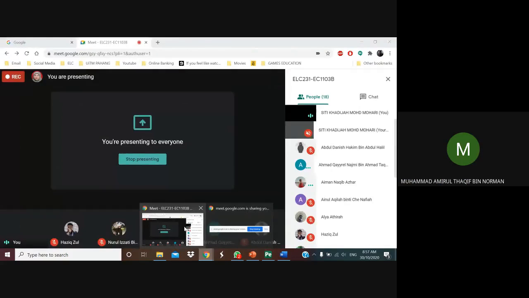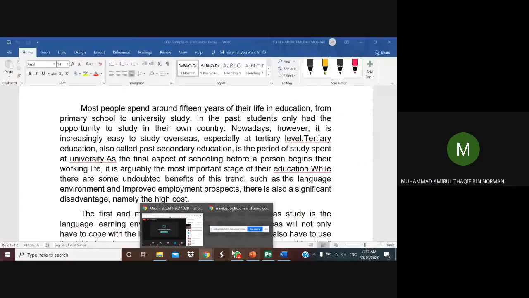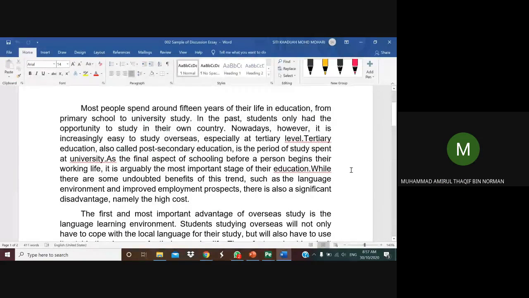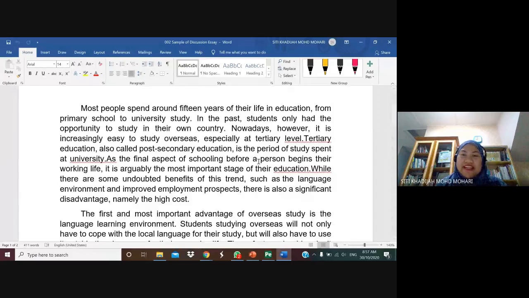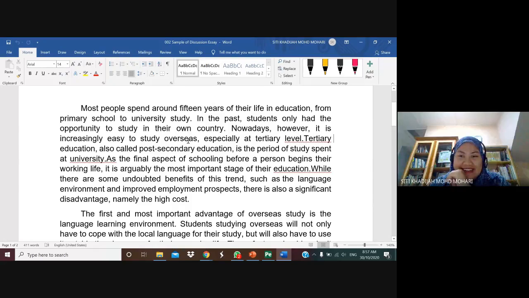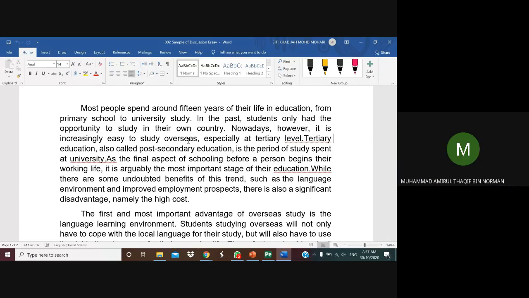Anyone would like to try? Madam, yes. Okay. Who are you? Amirul. Amirul, yes. What do we find here in the introductory paragraph? Thesis statement. And which one is that?